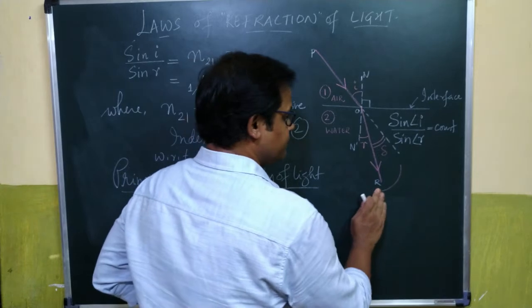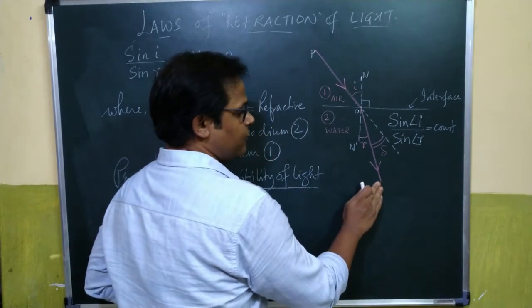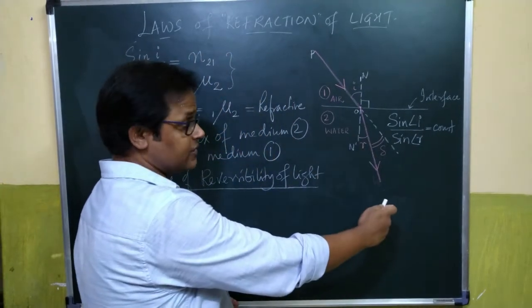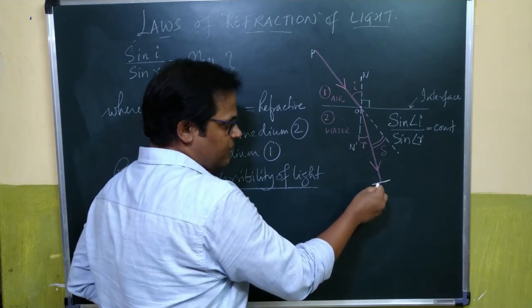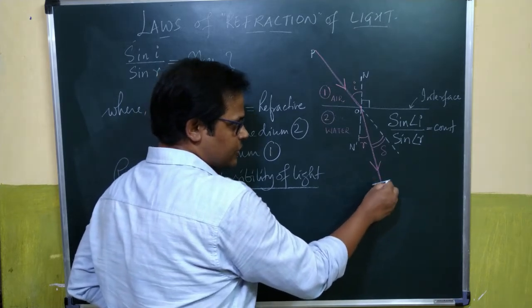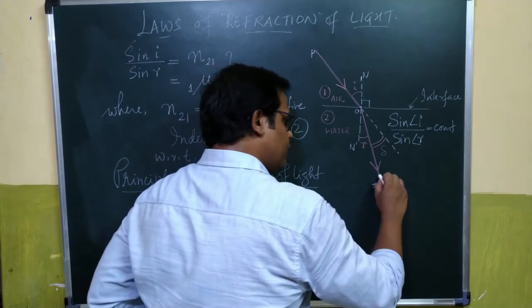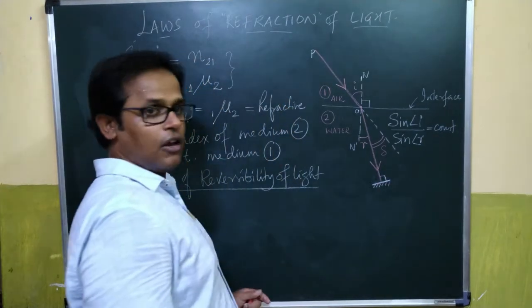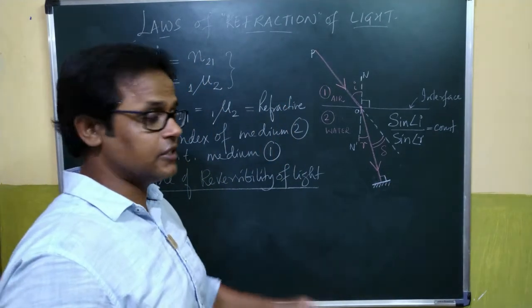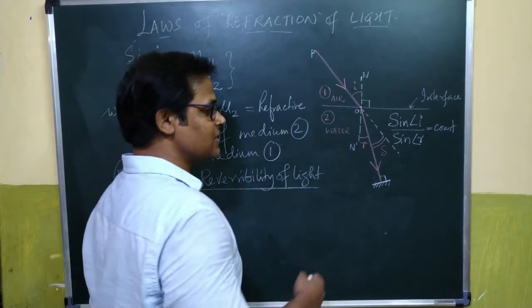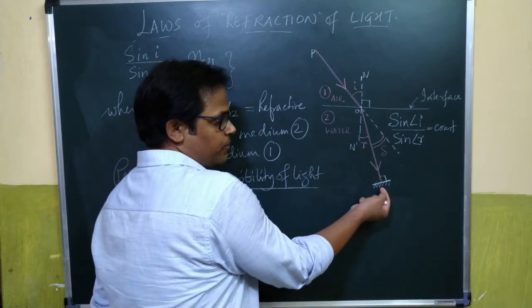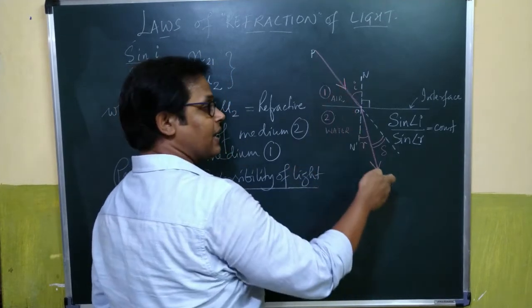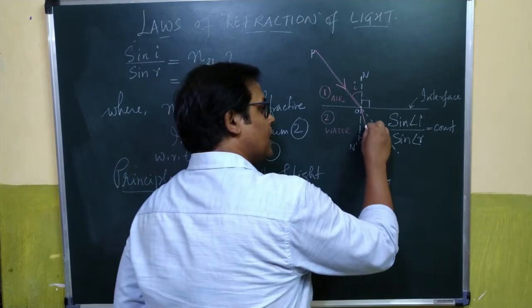Just imagine the refracted ray going in whichever direction in the second medium. If I place a plane mirror in its pathway so that the ray makes an angle of 90 degrees with the mirror, that is a case of normal incidence. A plane mirror, as we have already learned, is going to make the ray bounce back along the same path.